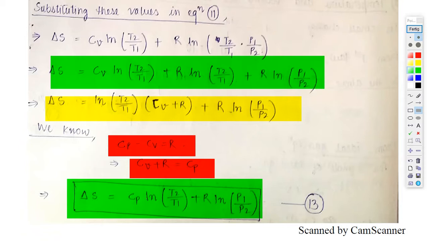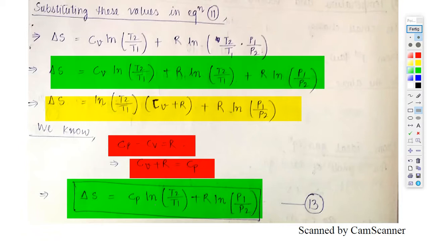If you want to remember this formula, just memorize it. If volume and temperature are the variables, then del S equals Cv ln T2 by T1 plus R ln V2 by V1.